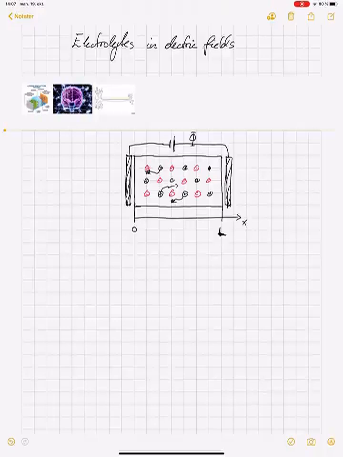And the electrical potential at L, x equals L, we'll just call phi of L. And as I said, the positive ions are mobile, and the negative ions are fixed.